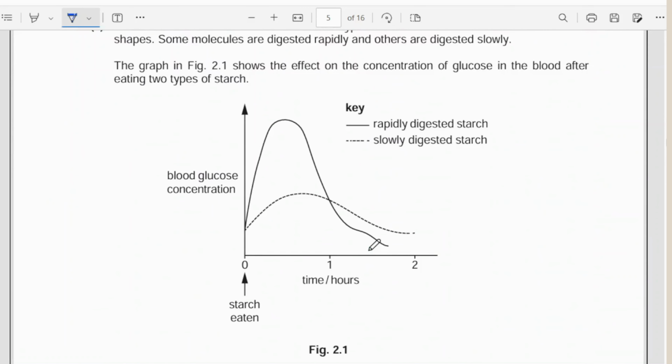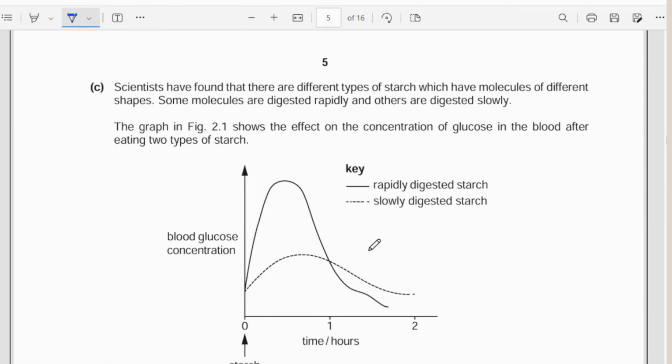Next one is: scientists have found there are different types of starch which have molecules of different shapes. Definitely they are going to have different enzymes because they have different shapes. Some molecules are digested rapidly and others slowly. So there are two starches given in the example. One is raising the blood glucose concentration really high because it gets digested very easily.